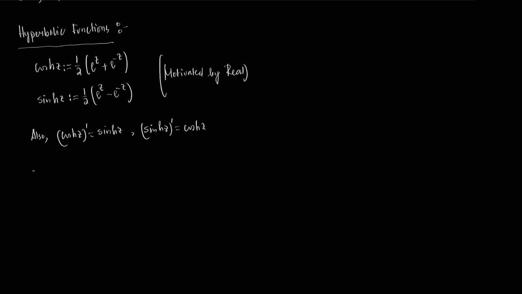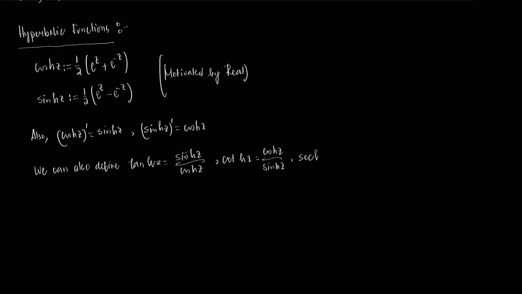We can also define tan hyperbolic z to be sine hyperbolic z by cosine hyperbolic z, and cot hyperbolic z to be cosine hyperbolic z by sine hyperbolic z.